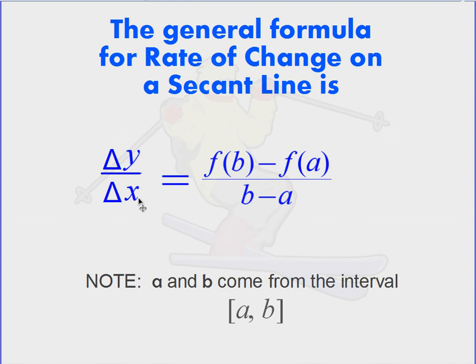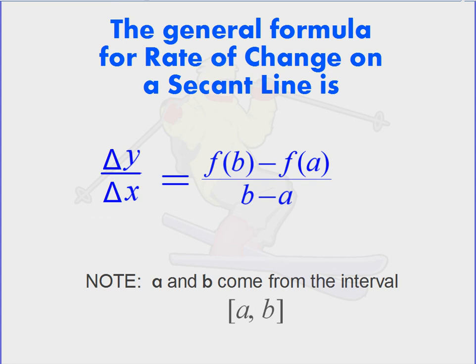Delta y over delta x, or change in y over change in x, is defined as f of b minus f of a all over b minus a. And we're going to get the values a and b from the interval we chose. Remember, intervals only contain x values. So a is going to be the x value from our first point, and b is going to be the x value from our second point. f of b comes from evaluating our function at b, and f of a is going to come from evaluating our function at a.